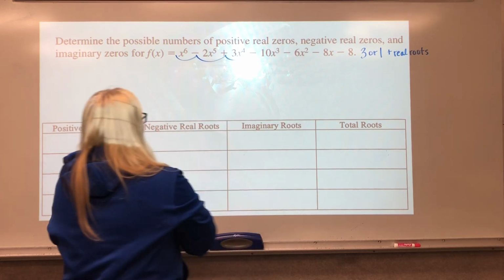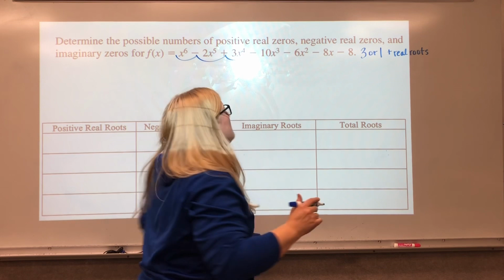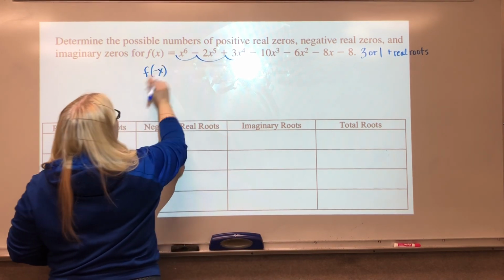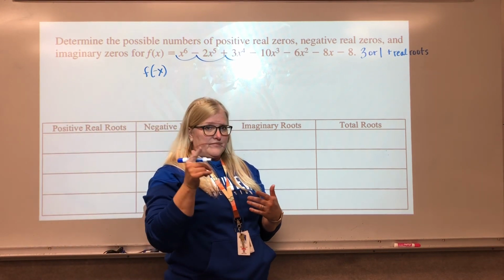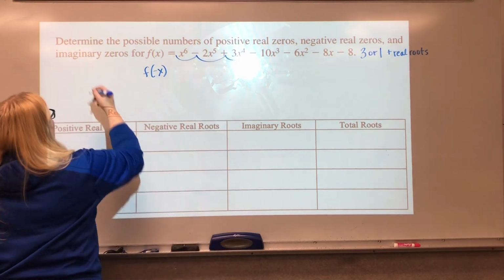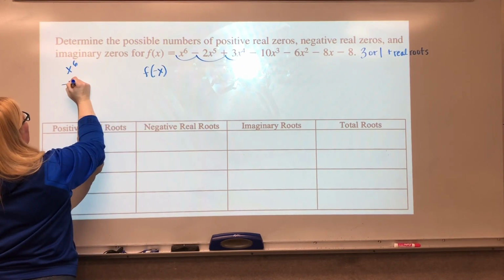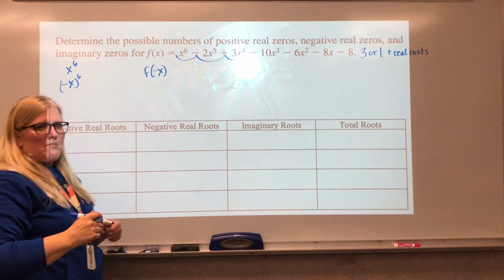Okay. To find the negative real roots, we have to plug in negative x and rewrite the polynomial. Now, side lesson. If I have x to the 6th power, and I plug in negative x to the 6th power, what's going to happen?